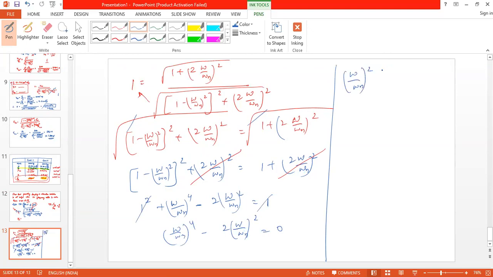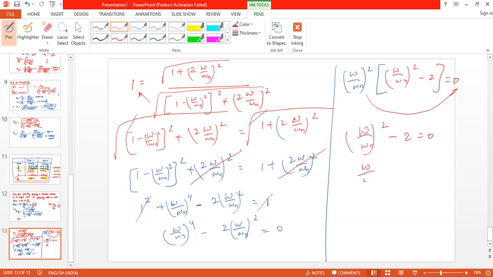Inside it is (omega by omega n) whole square minus 2, that is equal to 0. So (omega by omega n) whole square minus 2 is equal to 0, or (omega by omega n) whole square is equal to 2, so omega by omega n is equal to root 2.